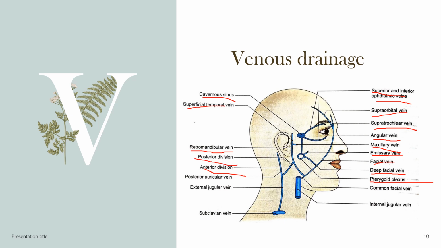The anterior division will communicate with the deep facial and the facial vein and form the common facial vein, and that will drain into the internal jugular vein, while the posterior division will combine with the posterior auricular vein, which is this one, and that will drain into the external jugular vein, which will again drain into the subclavian vein. So in this way the venous drainage is completed over here.